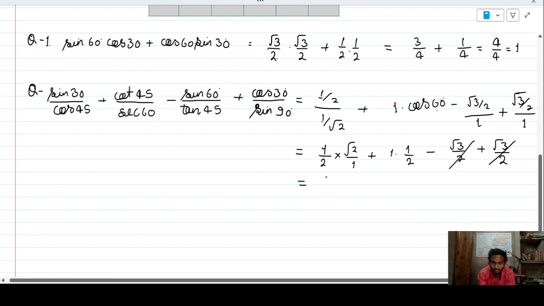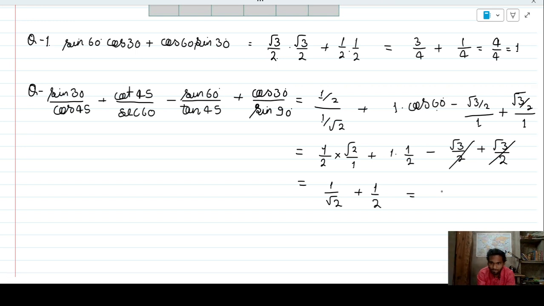It is equal to 1 upon root 2 plus 1 upon 2. And the value of this function is solved by LCM 2 root 2.